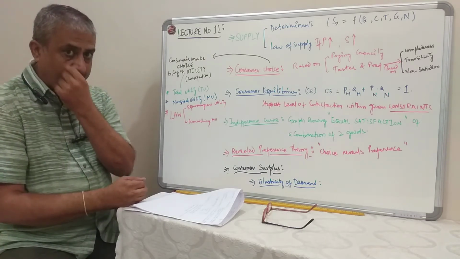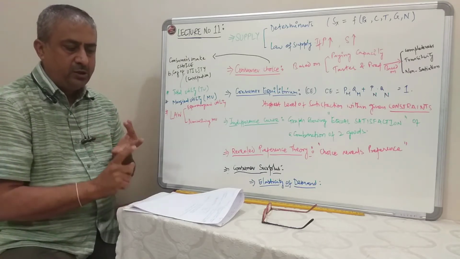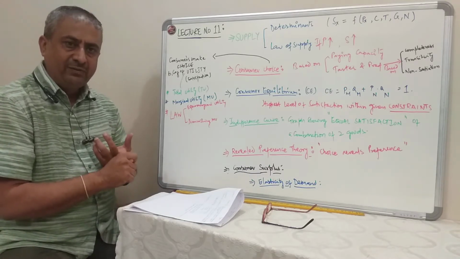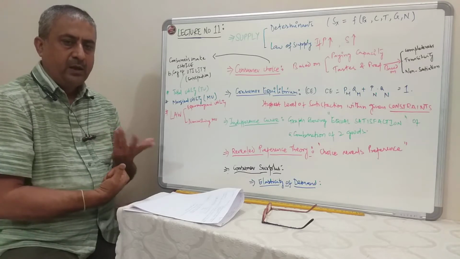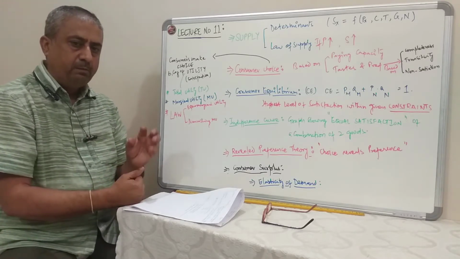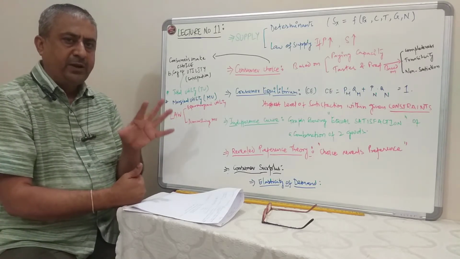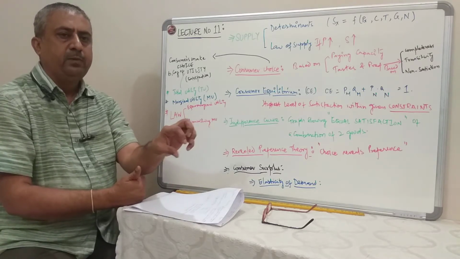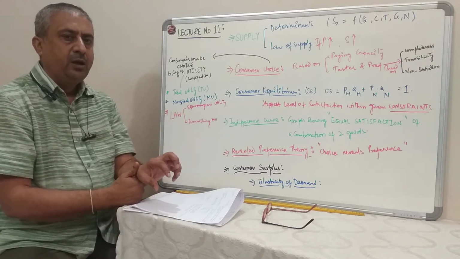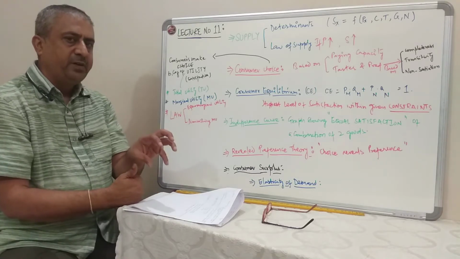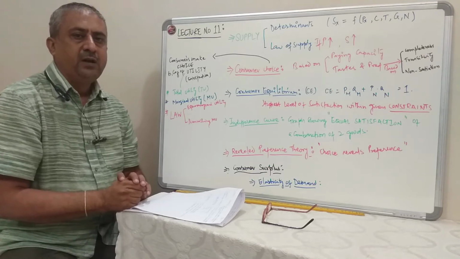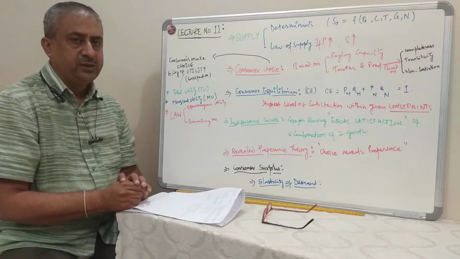There are four types of elasticity: price elasticity, income elasticity, cross elasticity, and advertising elasticity. Now, what is advertising elasticity? Because of advertising impact, people buy that particular commodity. How much the advertisement is pushing the product is what we call advertising elasticity.